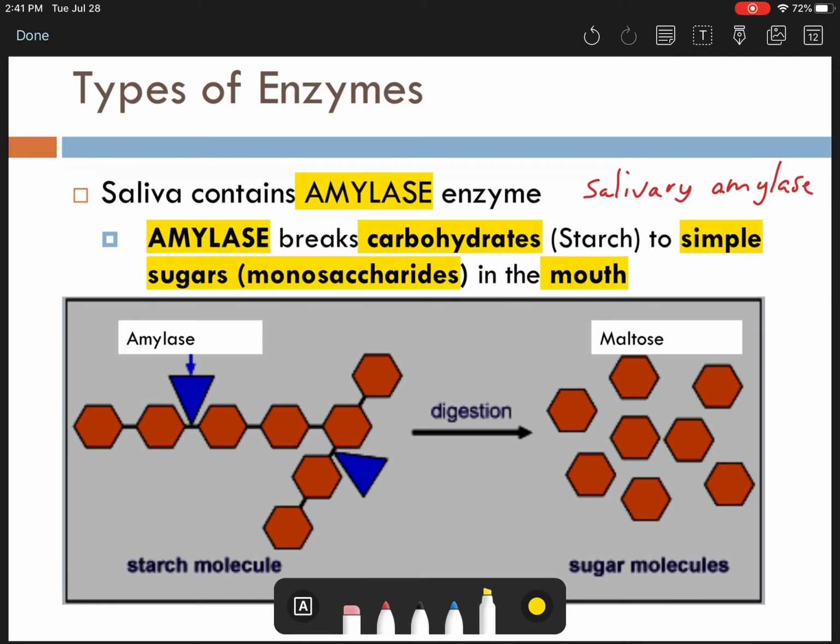So that's one of the first places where digestion occurs, is in your mouth. You start chewing to kind of break the pieces up, but the actual chemical digestion involves that enzyme amylase, salivary amylase, breaking down those carbohydrates into the subunits, monosaccharides, in your mouth.